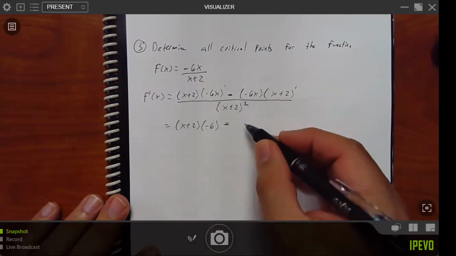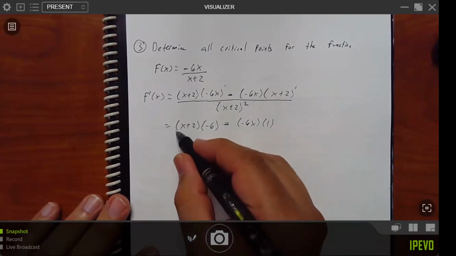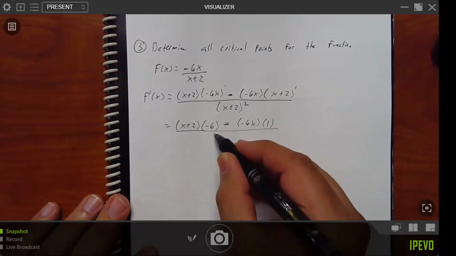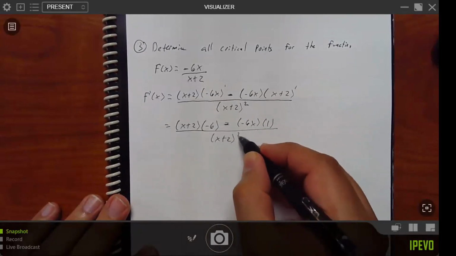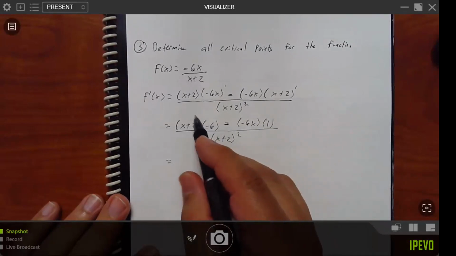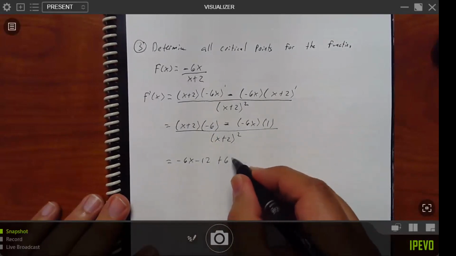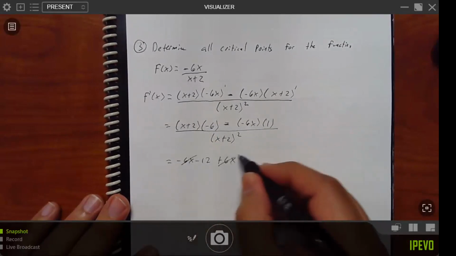Minus root of this will be just the 1. So this will be multiply the -6 over -6 minus 12 plus 6x. Those are gone.